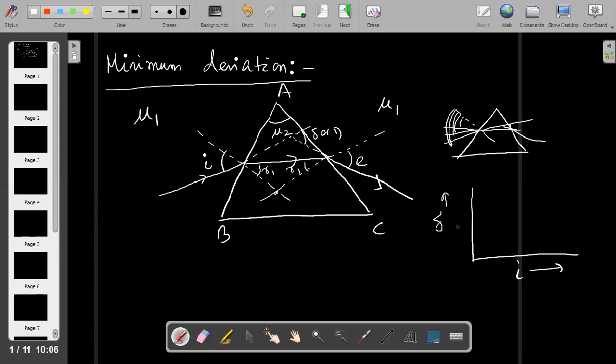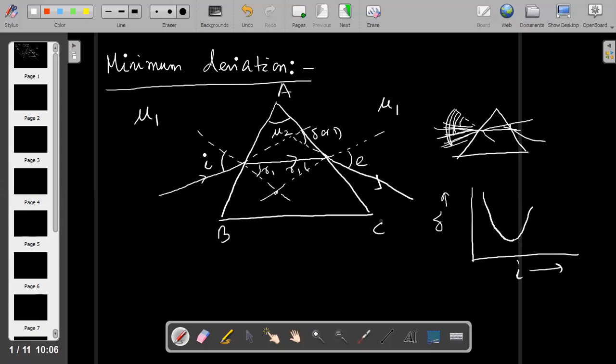On increasing angle of incidence, the deviation goes on decreasing. At a particular angle of incidence, deviation is minimum. On increasing the angle of incidence further, the deviation goes on increasing.